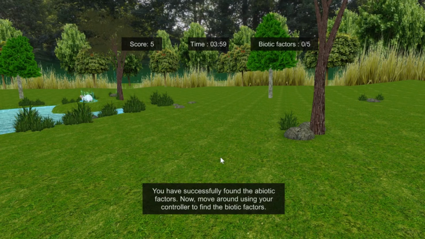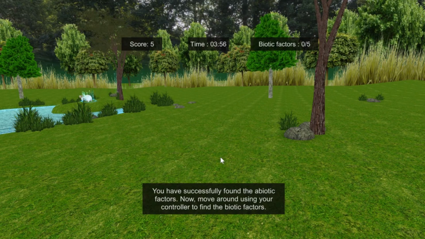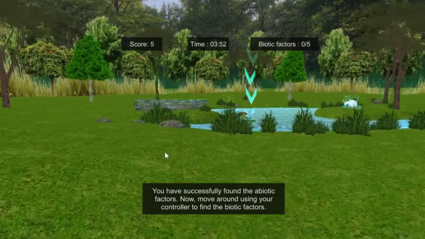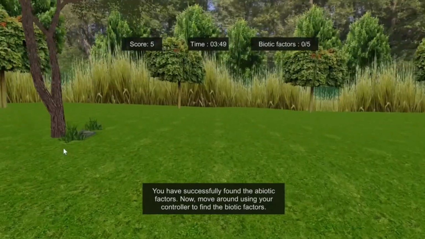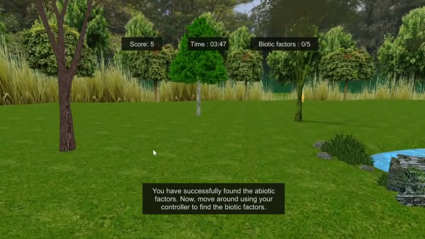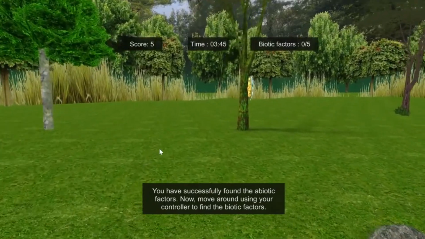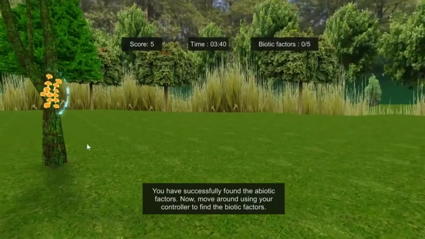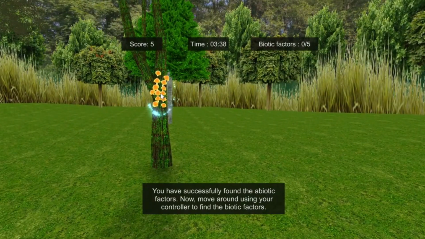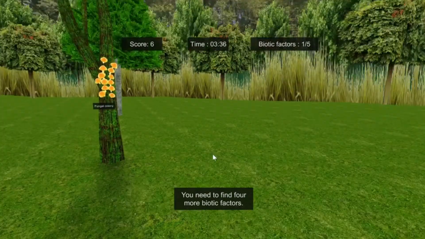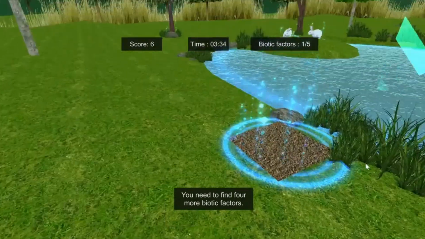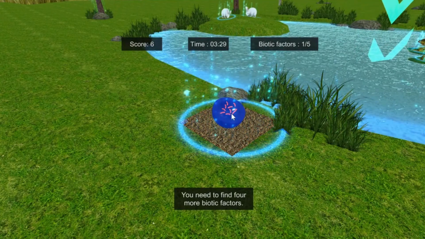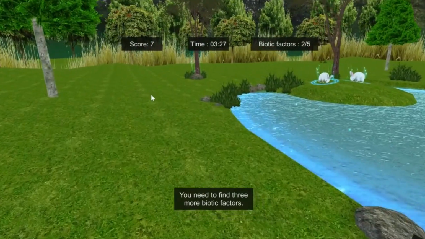Now move around using your controller to find the biotic factors. Correct. You need to find 4 more biotic factors. Right. You need to find 3 more.